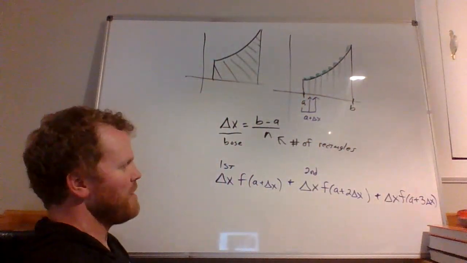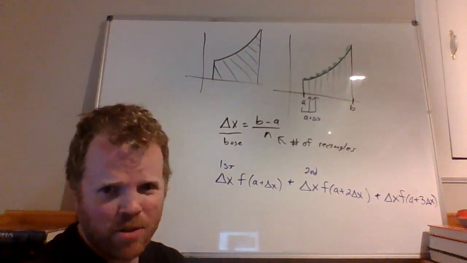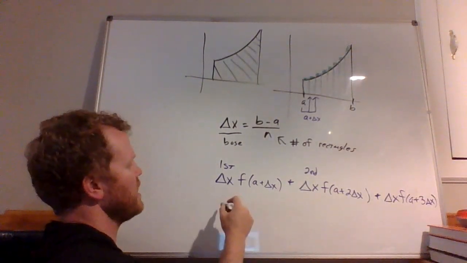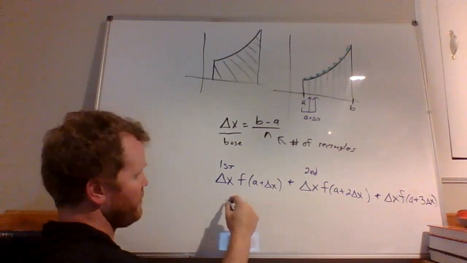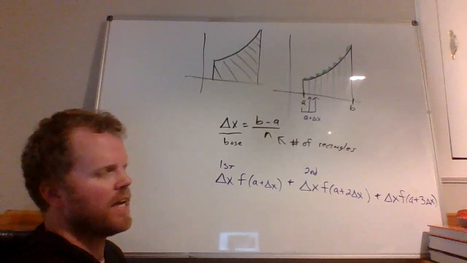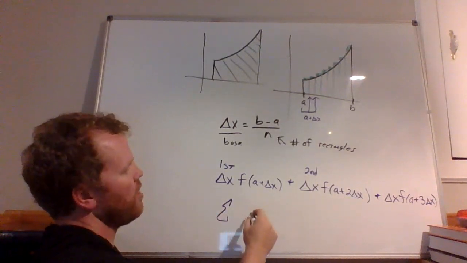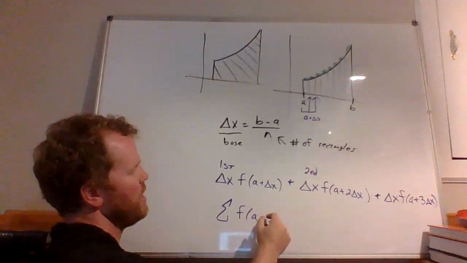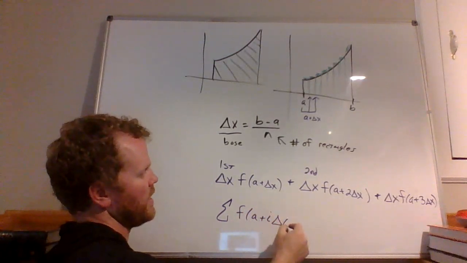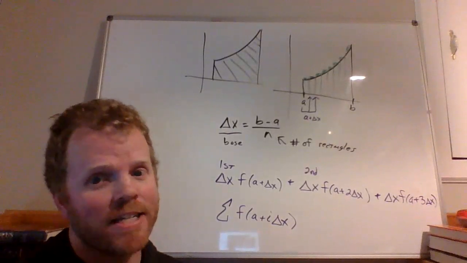So officially our new area under a curve, which is really the area between the curve and the x-axis, depends on how many times you want to add delta x. And that's what the sigma can say for us. We can call this f of (a plus i delta x's). i is just how many times you want to add delta x.